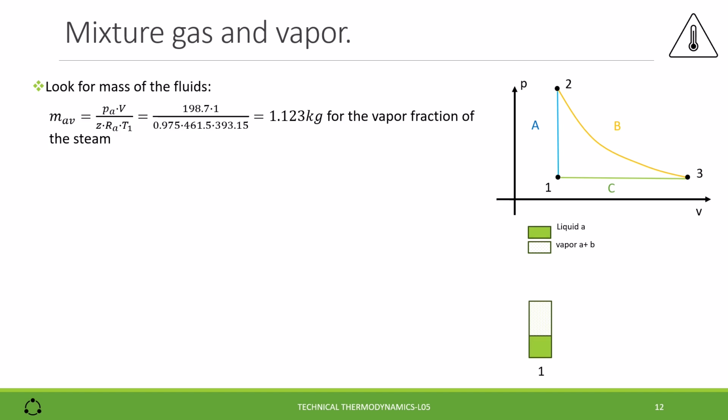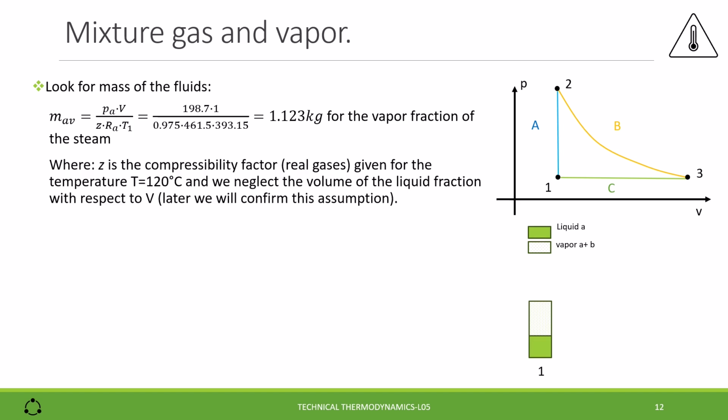The mass of the vapor is found using the state equation, where Z is the compressibility factor for being a real gas and is given for the temperature of 120 degrees. In this case, we consider for the pressure the value we have found in the previous slide, and for the volume the total volume, neglecting the volume of the liquid fraction.